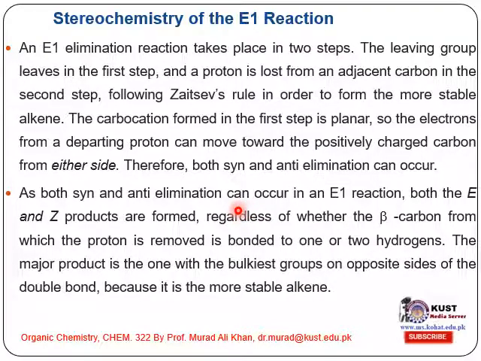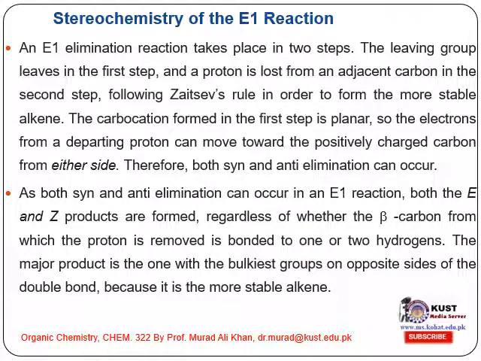So there is no difference if there is one hydrogen attached to the beta carbon or two hydrogens attached to the beta carbon. The E and Z products will be formed, but it depends on the bulkiest groups being on the opposite sides of the double bond.